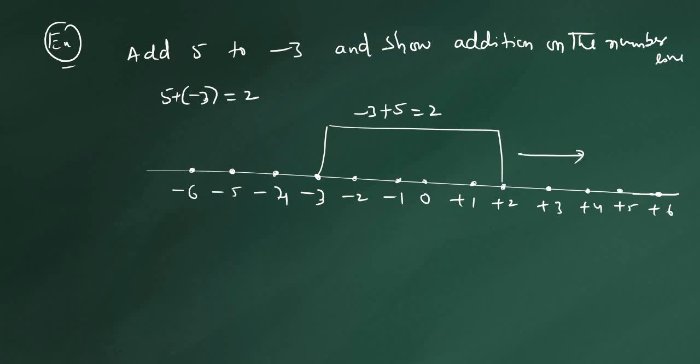So towards the right side we have one idea, and towards the left side we have one more idea. Towards the right side, you add plus 5 to minus 3, you will get 2. Towards the left side, you add minus 5 to plus 2, then it will be minus 3.